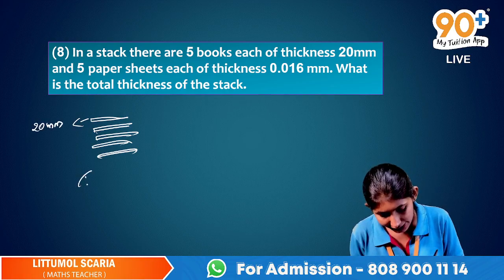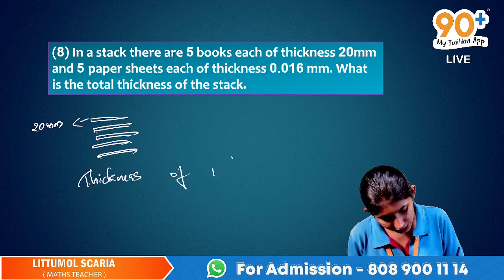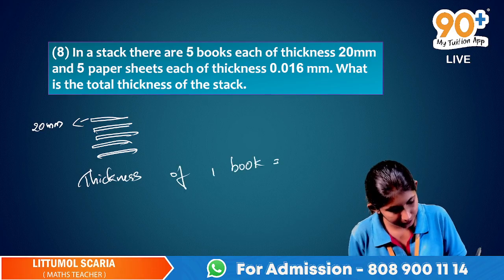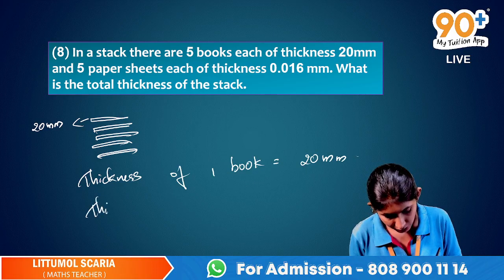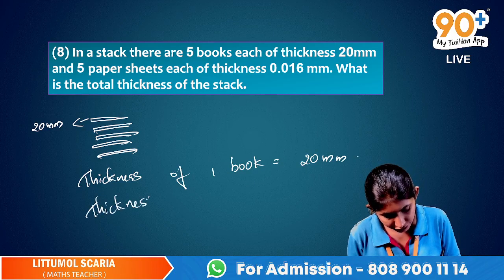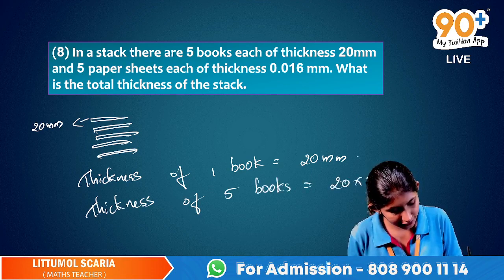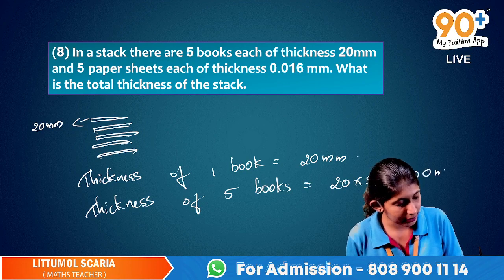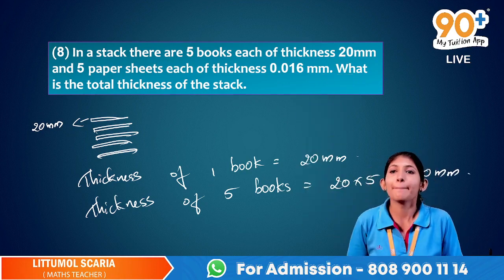What is the thickness of one book? 20 mm. How many books are there? 5 books. So for the thickness of 5 books, what should we do? Simply multiply. 20 into 5 is equal to 100 millimeter. No conversion is needed because both units are in millimeter.